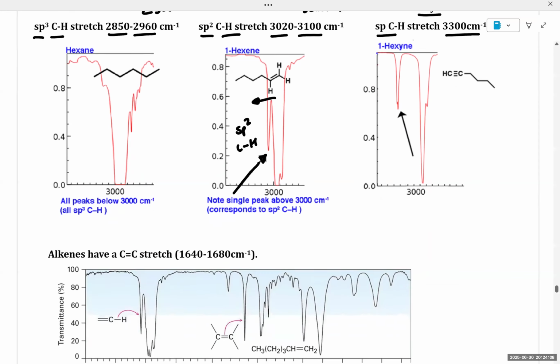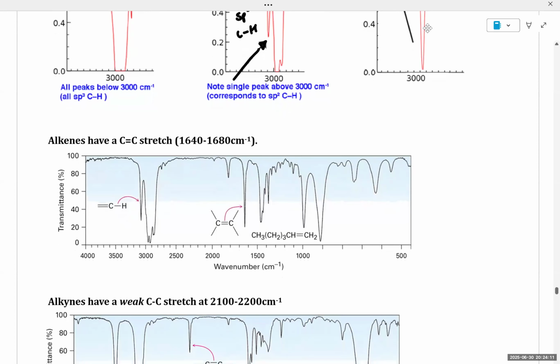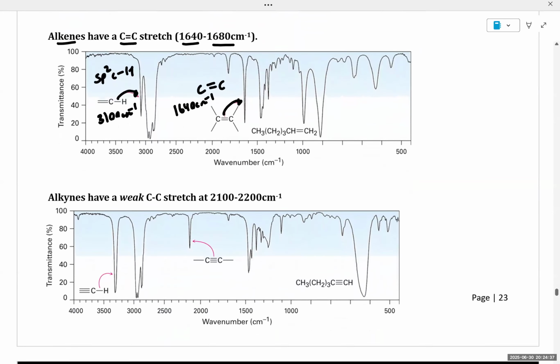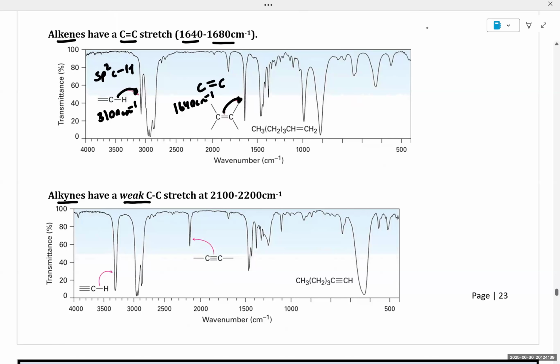In terms of the carbon-carbon bond, alkenes have a carbon-carbon stretch at 1640 to 1680, which is right here. That's the CC stretch at 1640 centimeters inverse. And we can also verify that an alkene is present by virtue of the sp2 CH stretch at around 3,100 centimeters inverse. Alkynes, unfortunately, have a weak CC stretch at 2,100 to 2,200.